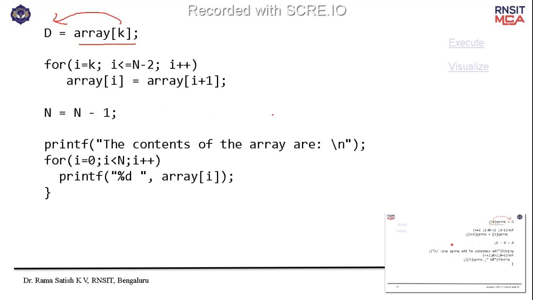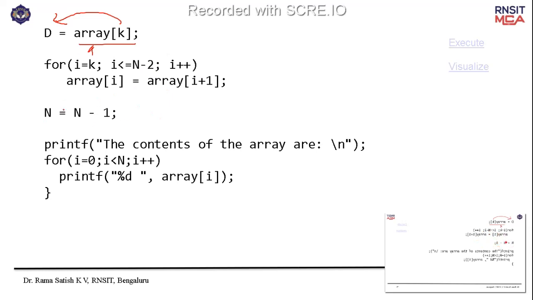Now you move I from k, and it has to go up to n minus 2. It has to move all the elements.